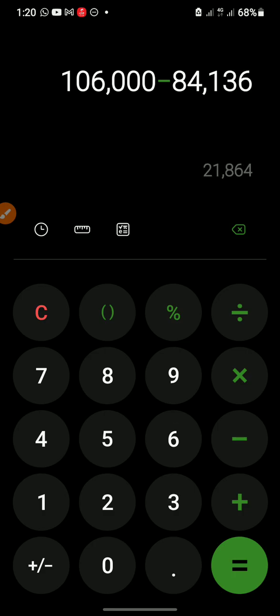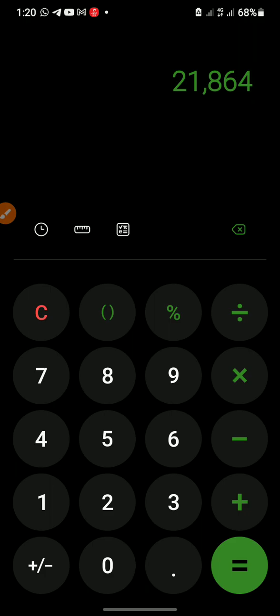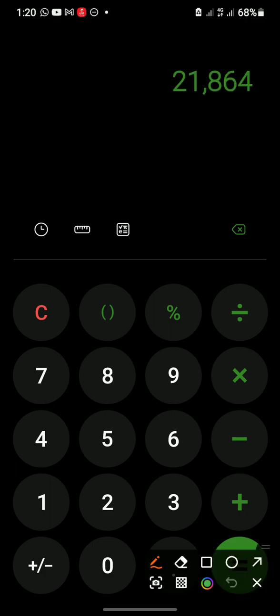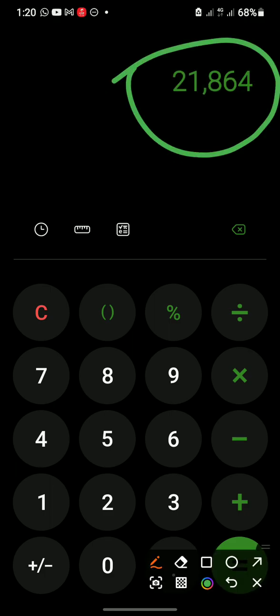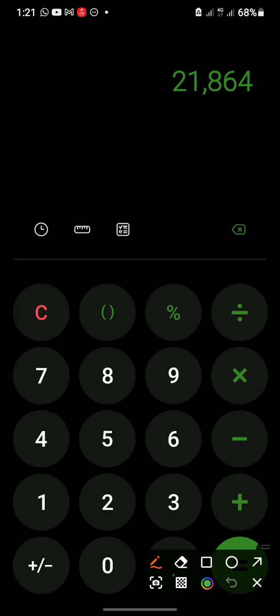So you are making $21,000. And imagine if you are in Brazil or you are in Nigeria or you are in Canada or in any other part of the world, you just made $21,000.